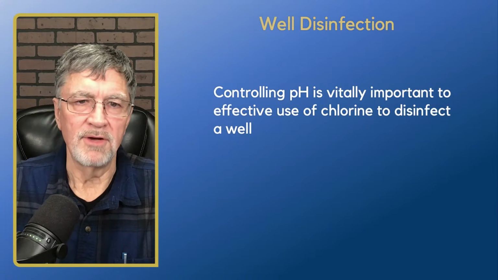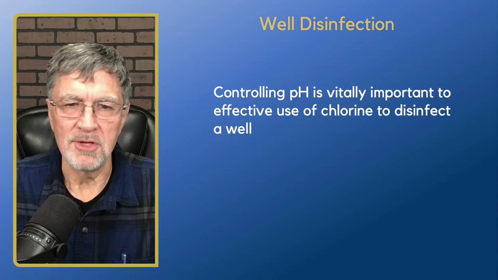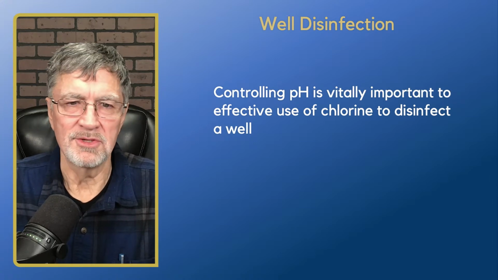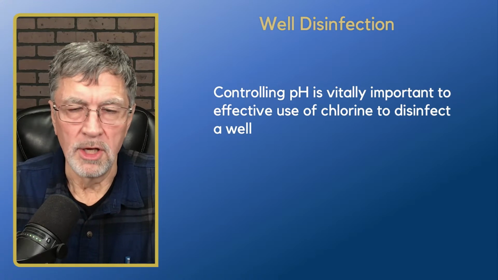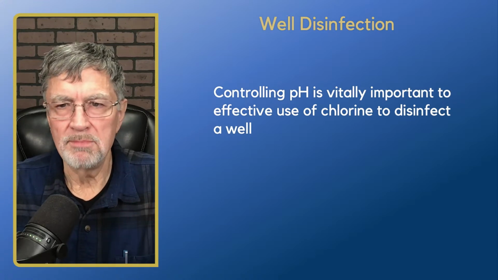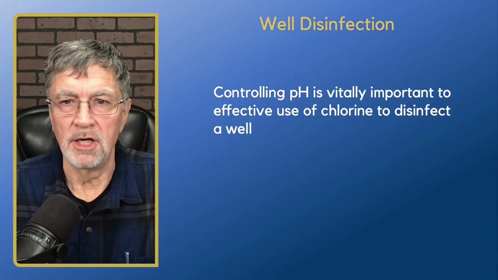All right, well disinfection, pH, huge consideration here. We're going to be using chlorine, usually sodium hypochlorite, in the well to disinfect the well. But controlling pH is vitally important to the effective use of chlorine to disinfect the well.